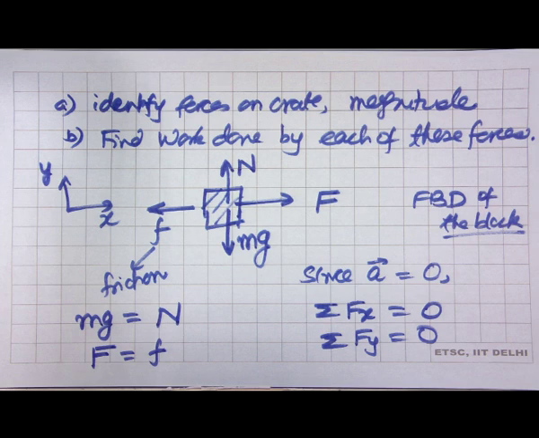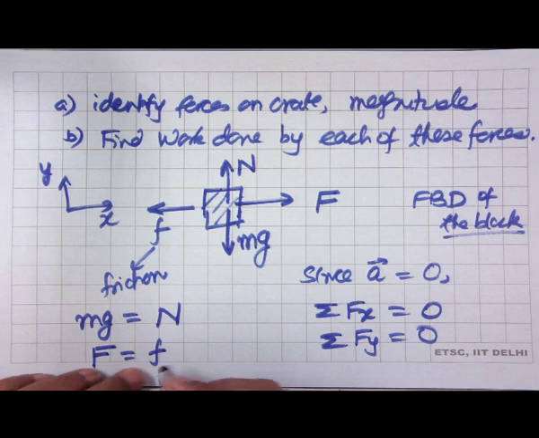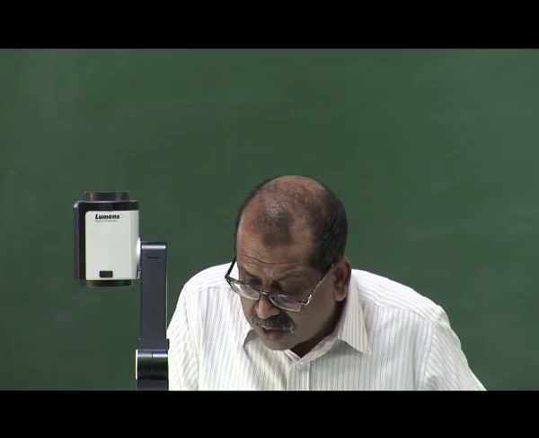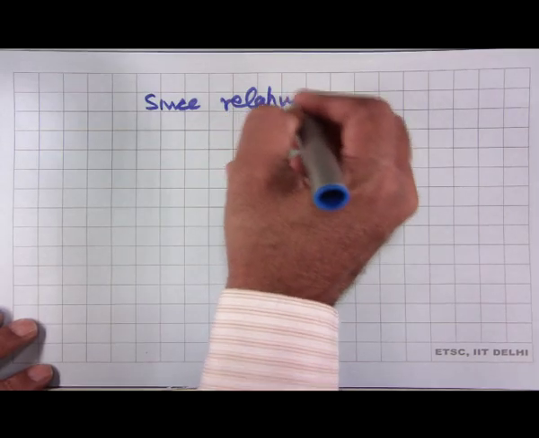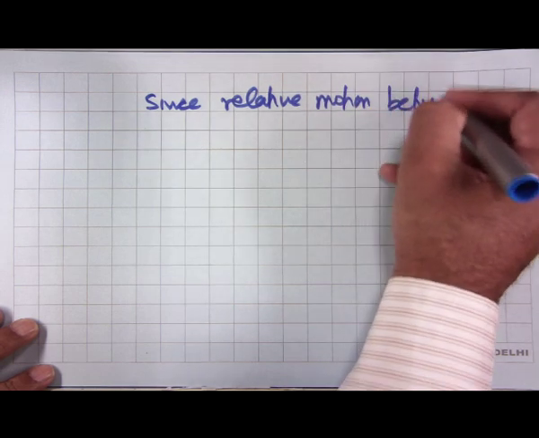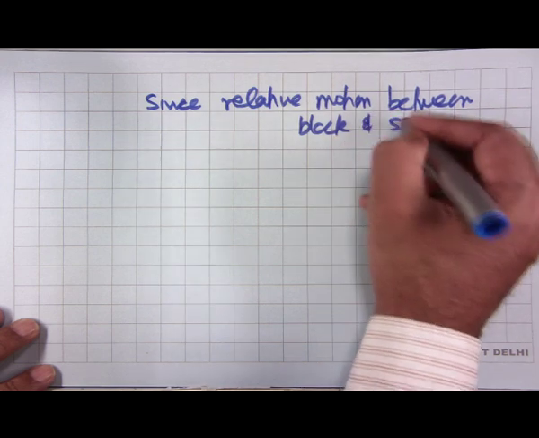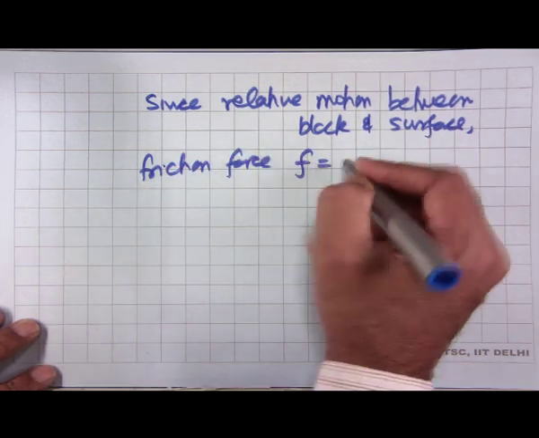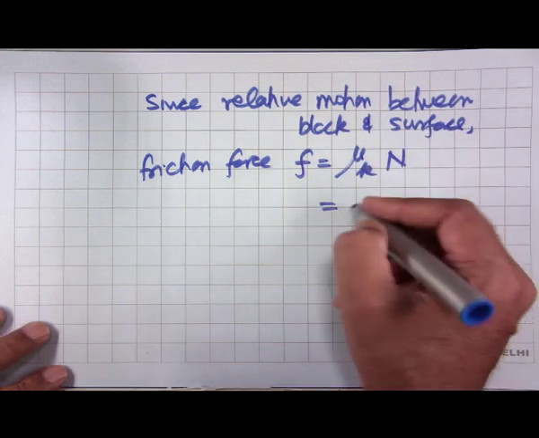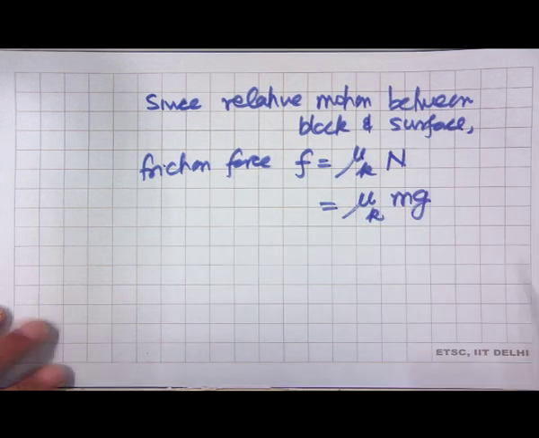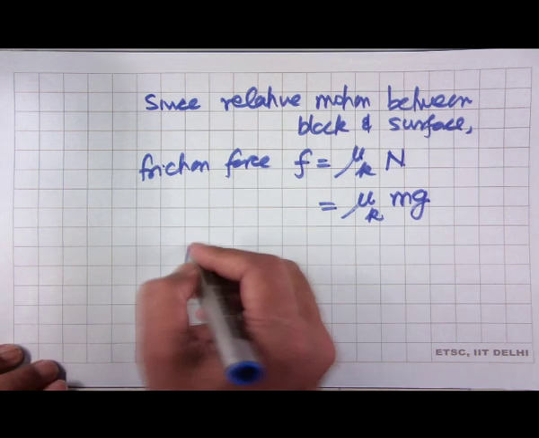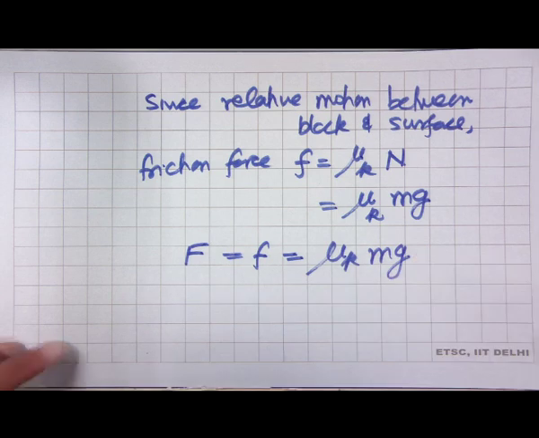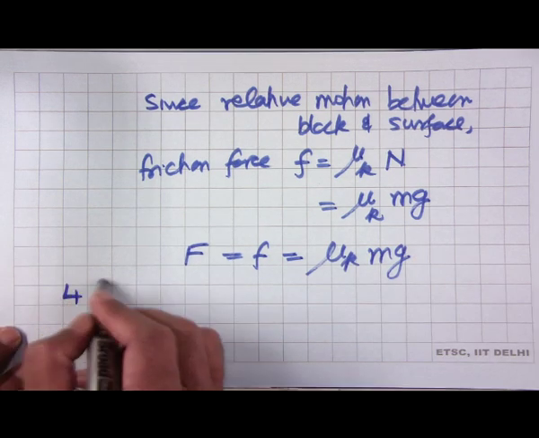Now, what we also know is our laws of friction: because the block is moving, that means there is relative motion between the block and the surface, the friction force f is equal to mu k times N. So, this will be equal to mu k times N, and N was equal to mg, so it is equal to mu k times mg, and the force F is equal to the friction force, so that also must be equal to mu k times mg. So, that means totally we have 4 forces acting on the block.